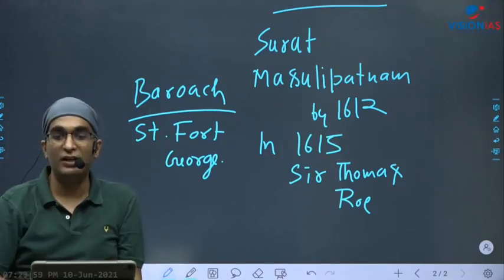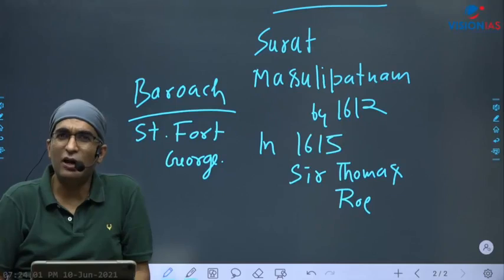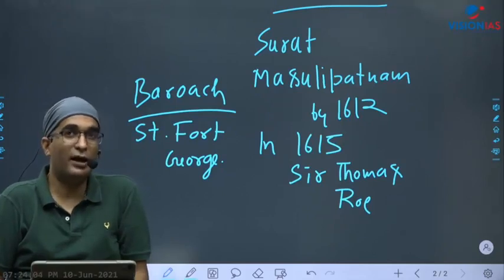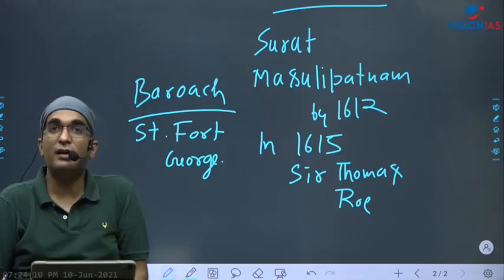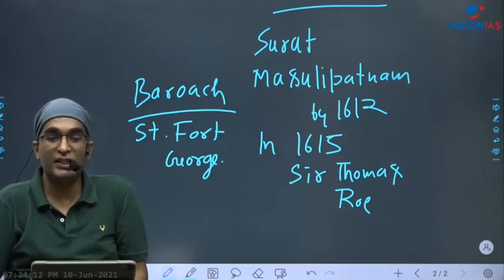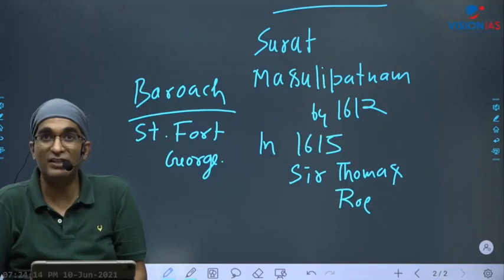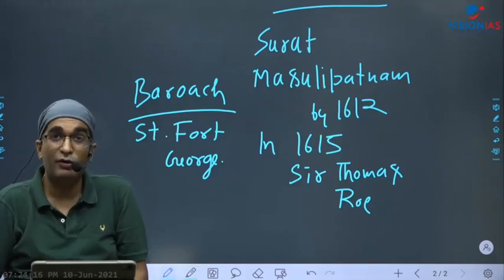very robust. In 1633 already in Odisha, Hariharpur, they had created a trading outpost, but in 1698, the English East India Company got 3 villages on lease in eastern India: Govindpur, Sutanati and Kalikatta.